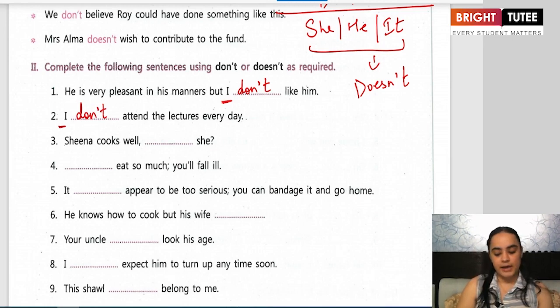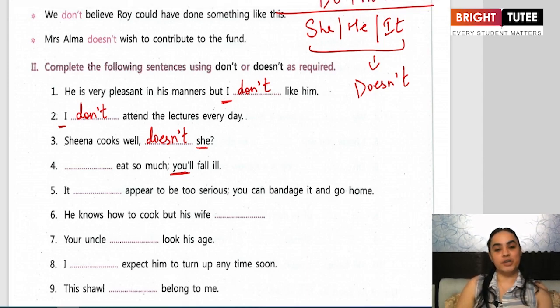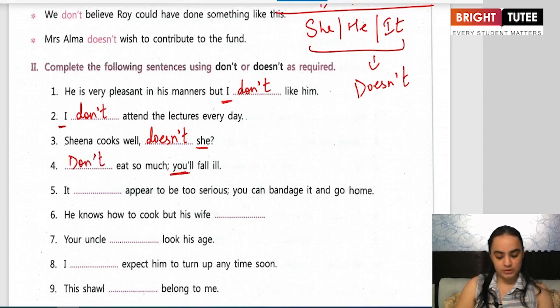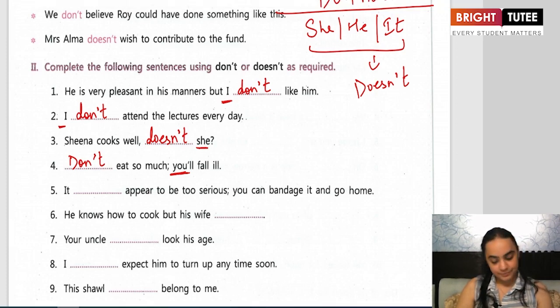Sheena cooks well. Dash she, she. Singular. So doesn't she. Dash eat so much, you will fall ill. You is the subject I am talking about, which is plural. So with plural, I will use don't. Don't eat so much, you'll fall ill.